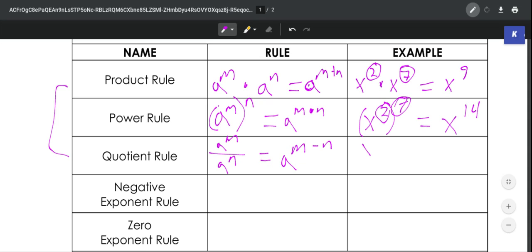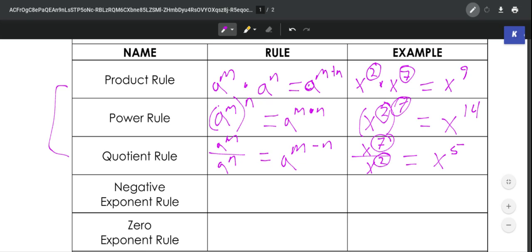So a real life example of that would be x to the 7th over x to the 2nd. That would give us x to the 5th. Let me write that a little bit smaller. So now you can see we just took these exponents and subtracted them.